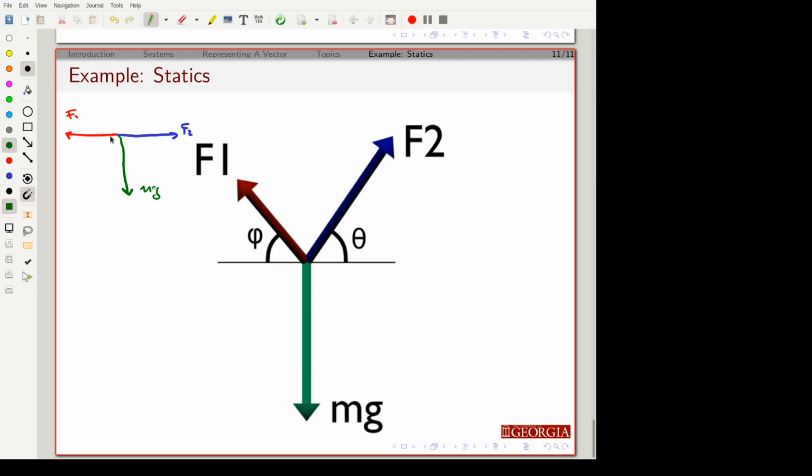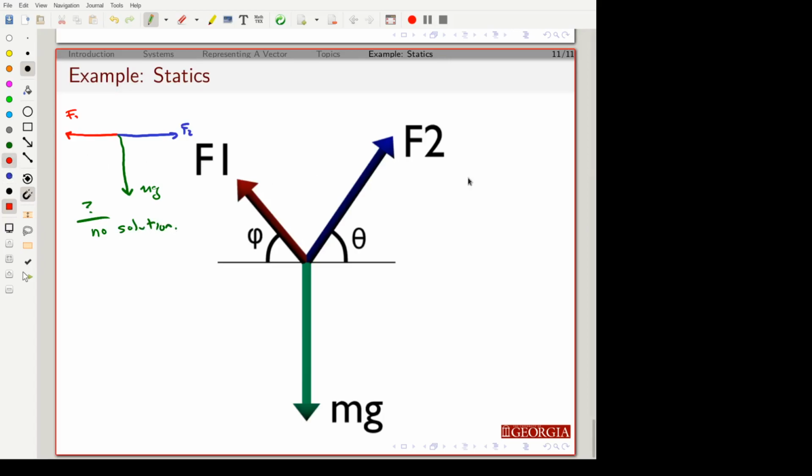If I go to try to balance this, basically f1 has to equal f2, but there's nothing counteracting mg. There's no forces in the up and down direction except for mg, and there's no way to balance this, so I'm going to have no solutions. So there's a problem here in that there's some relationship between f1 and f2 that does not allow me to get a solution.